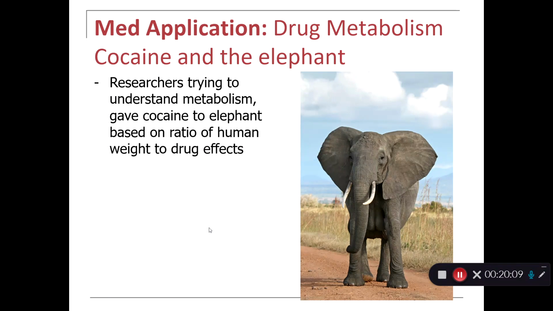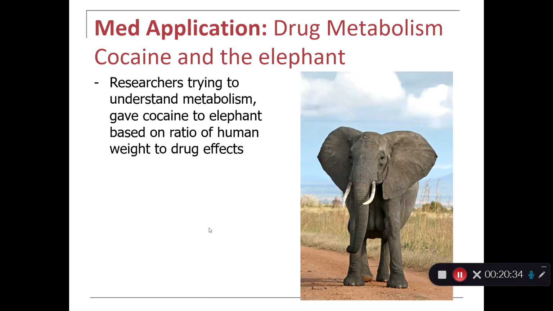Those of you that are LPNs should already hopefully know that you're only able to give so much drug per pound. In elephants, they had determined that the human dose per pound should apply to them.